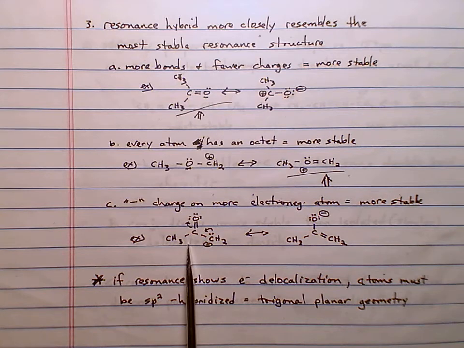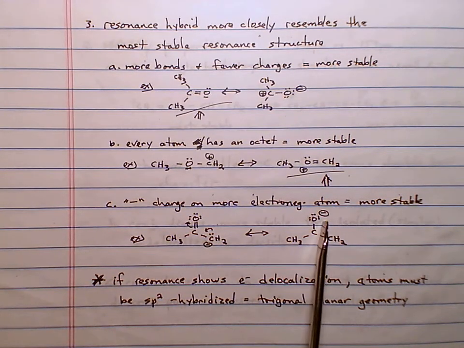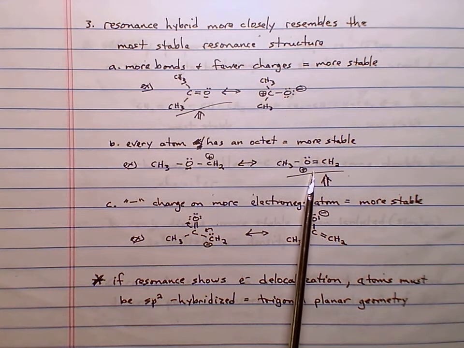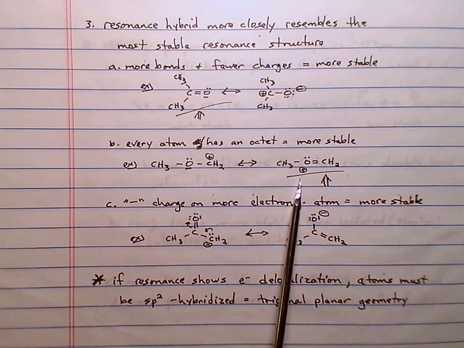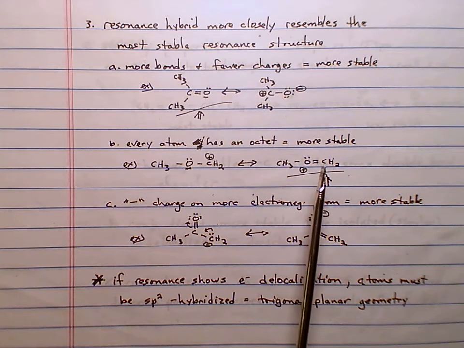And note, we don't have to worry about octets because in both of these resonance forms, all three carbons and the oxygen have their octet. Therefore, if we're not worrying about octet issues, the more electronegative atom having the negative charge is the better resonance structure. Earlier, we could give oxygen the positive charge, even though it's more electronegative, because everything has its octet there.